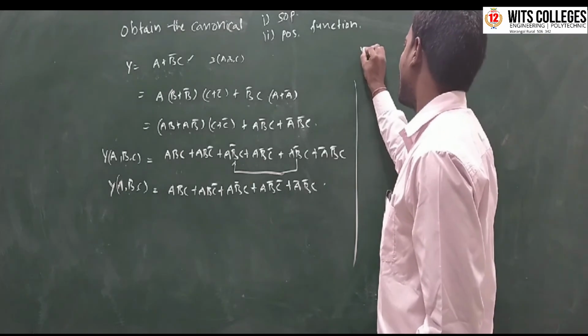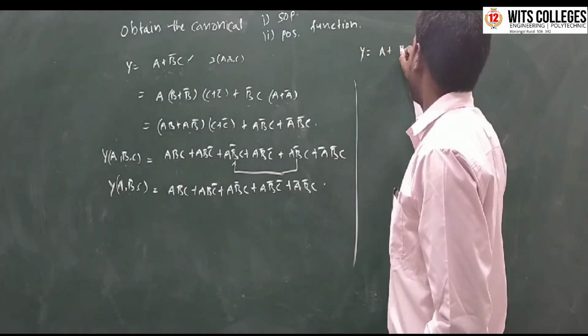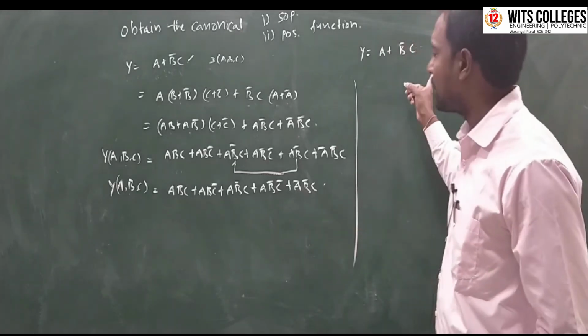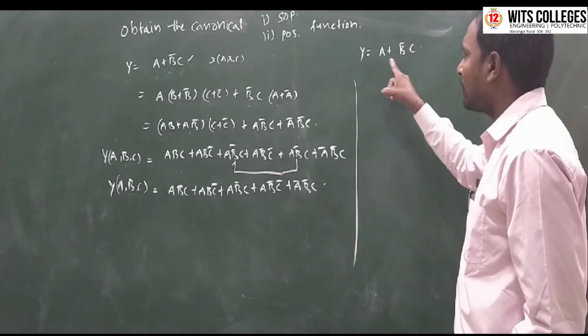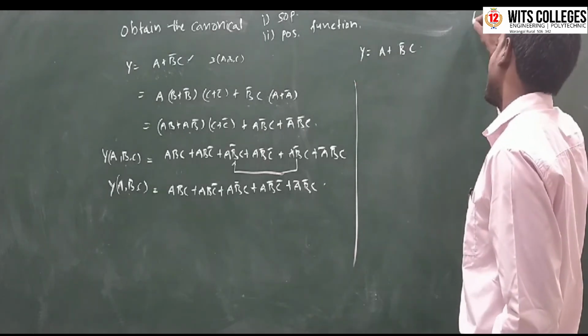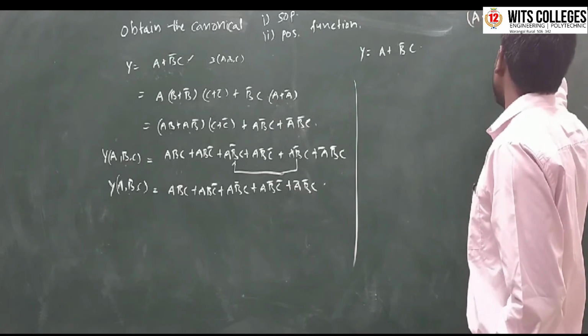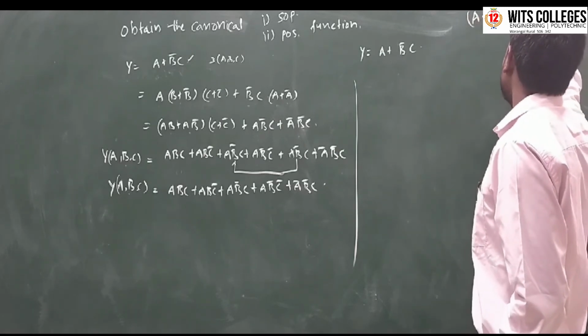So the given function is y equals a plus b bar c. We have to get this expression in terms of product of sum, like (a + b bar + c) into (a + b + c bar).